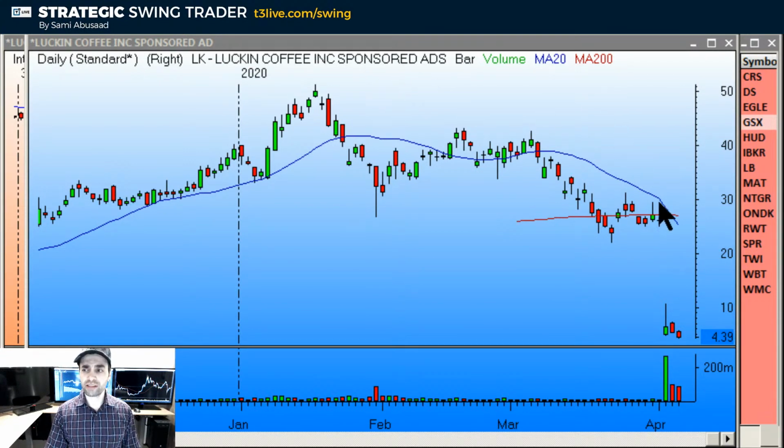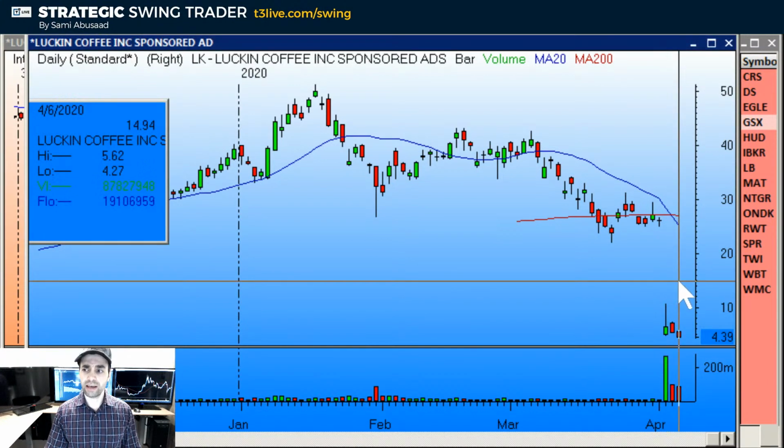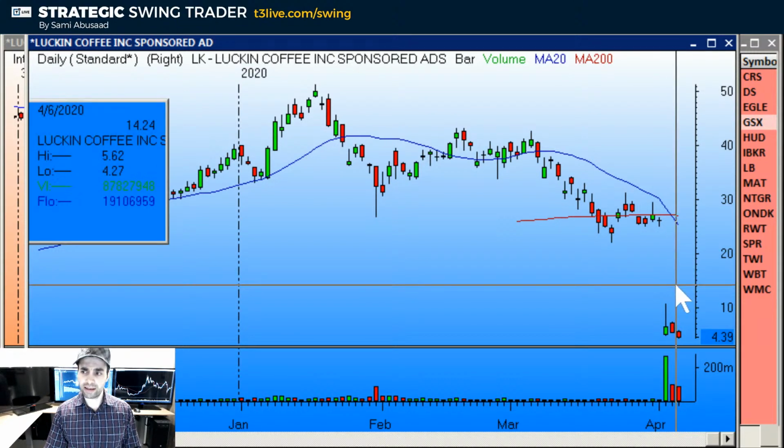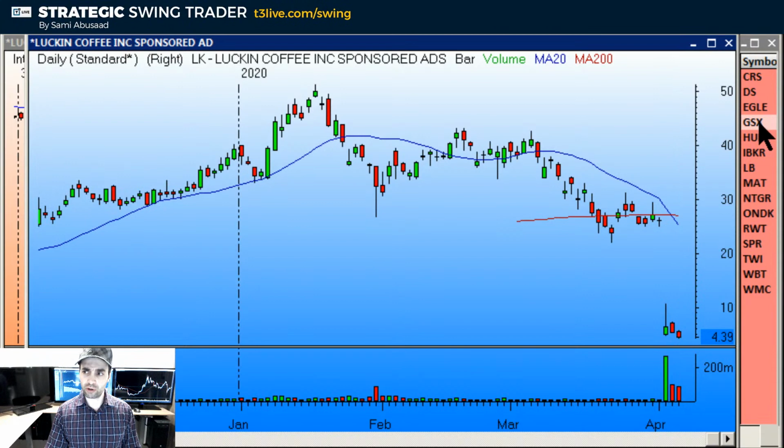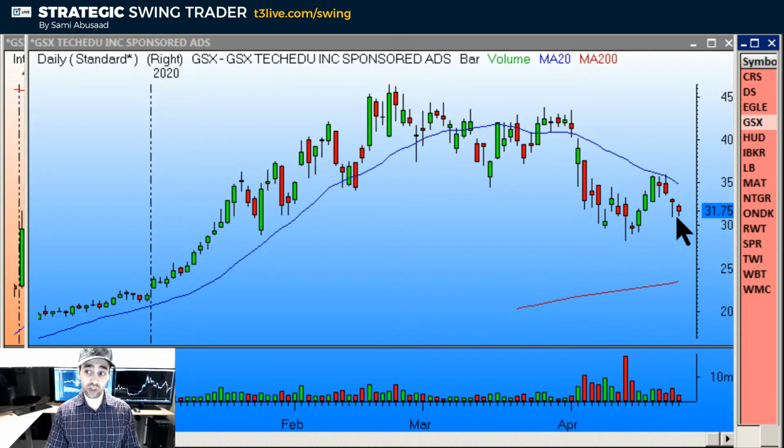So if it's a Chinese stock and it's getting killed, I don't ever touch it long, because the issue is that it can get halted and it may never reopen because it could be a fraud, right? And so this has been, I guess, halted since April 6th. So LK is having an effect on GSX.